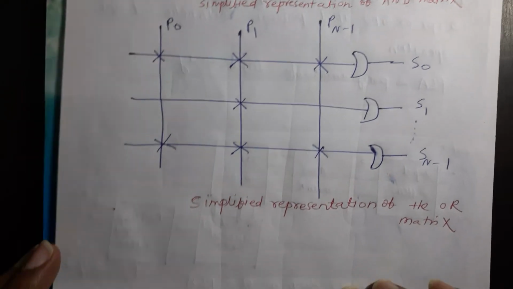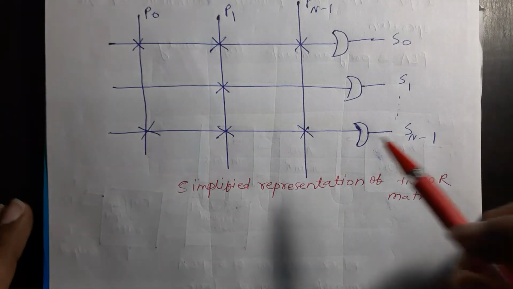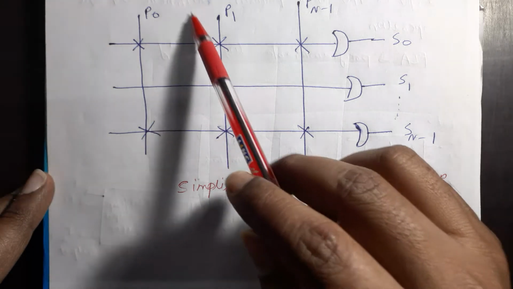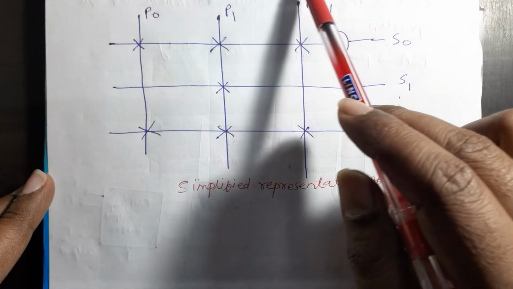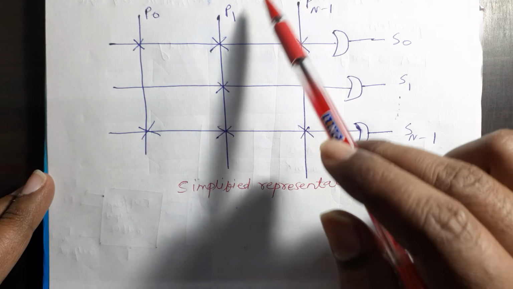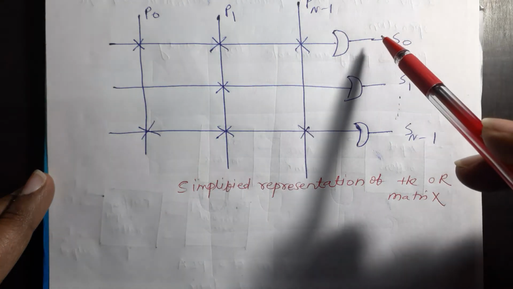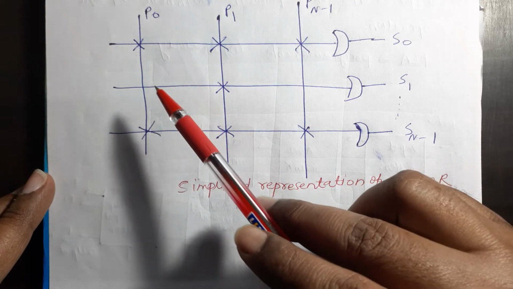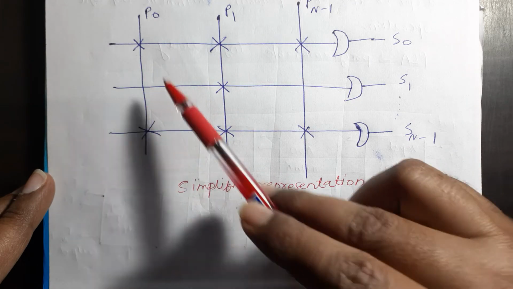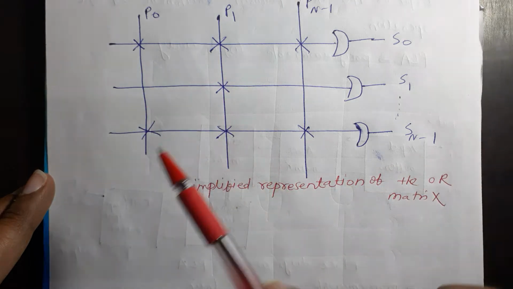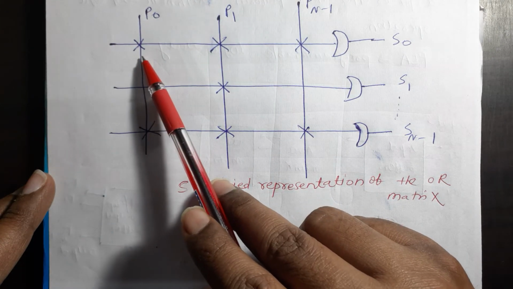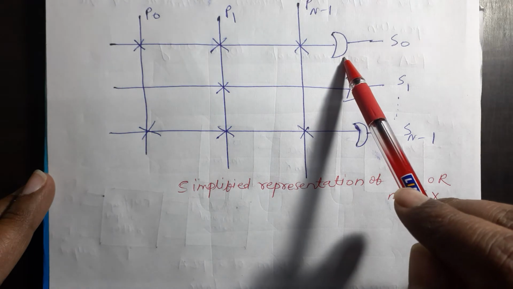Now next is the simplified representation of the OR matrix. These inputs will be passed through OR gates through proper connections. So here P0 will be passed through this gate.